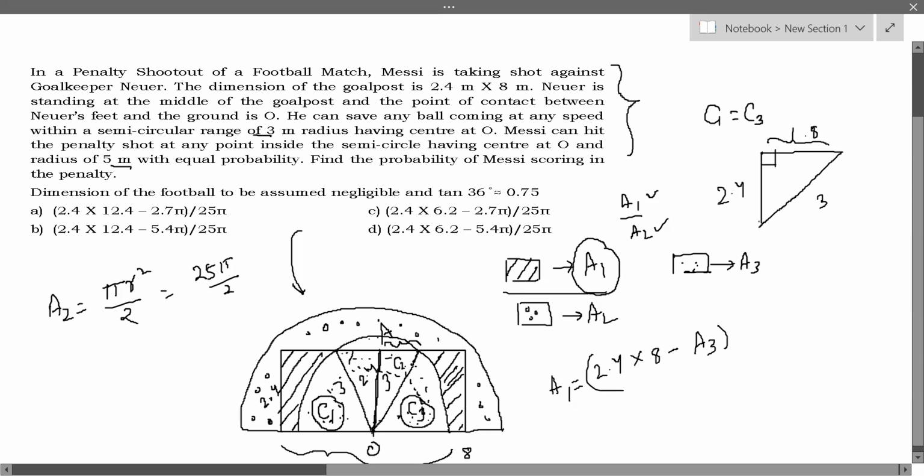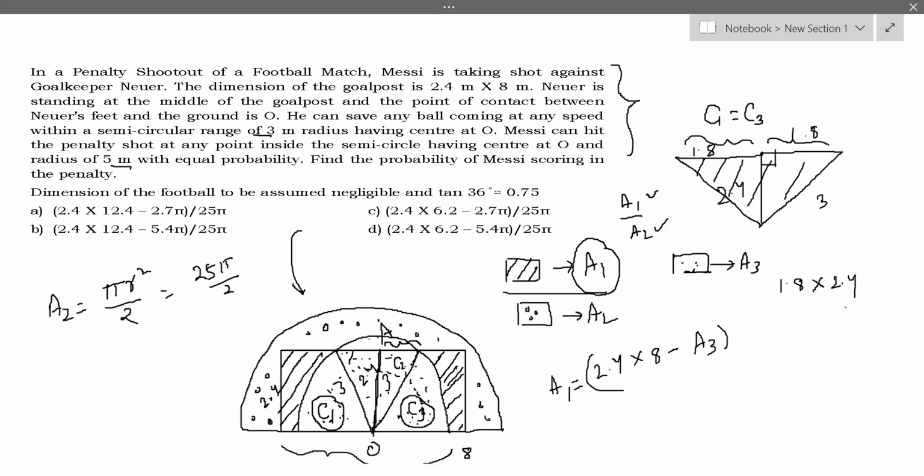Now, if you have to find out the length of the entire triangle base, that will be 1.8 into 2. So the area of this triangle, which is nothing but C2, is equal to 1.8 multiplied by 2.4.